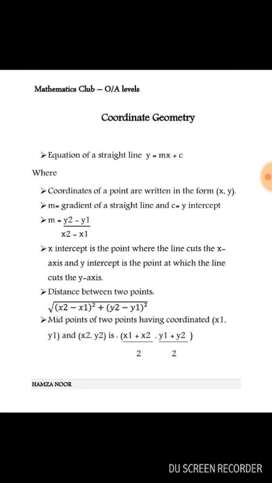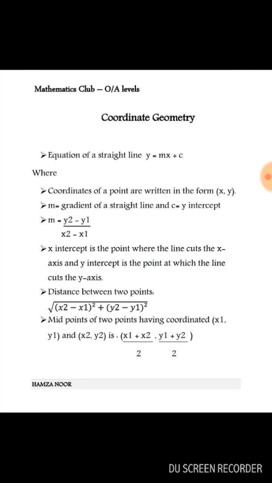The equation of a straight line is y = mx + c, and the coordinates of a point are shown in the form (x, y), where m is the gradient or the slope of the straight line and c is the y-intercept.